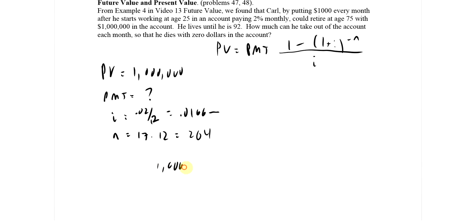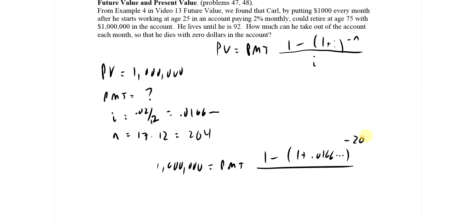1 million equals payment, which we don't know, times 1 minus 1 plus 0.0166 dot dot dot to the minus 204, all over 0.0166 dot dot dot.